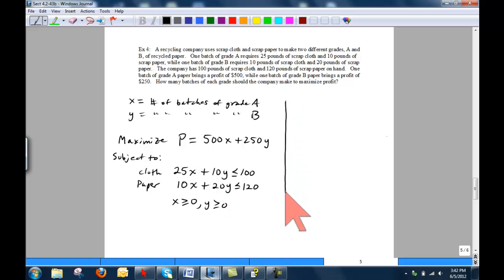So as we do our graph, as is often the case, we'll put the coordinate axes so that we can do most of our graphing in the first quadrant where both variables are non-negative. All right, if we look at the equation that's associated with this inequality, the x-intercept is 4 and the y-intercept is 10.